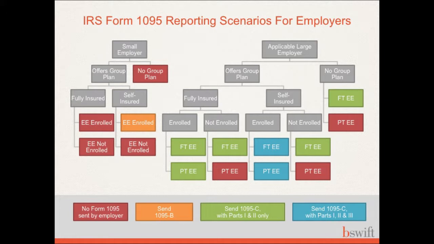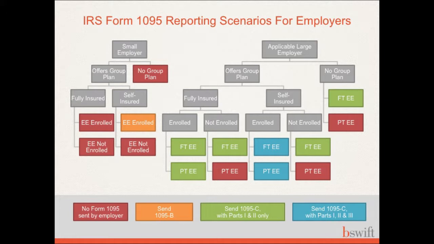That's generally smaller employers. But you can see that there is a particular class of small employer that, if they're self-insured, does need to give a Form 1095-B to those employees that are covered, but not to employees that are not covered.